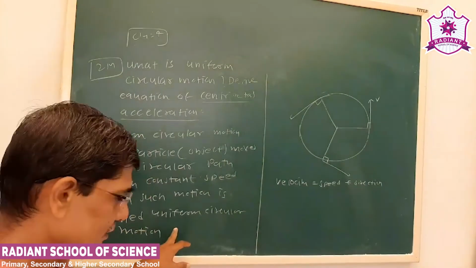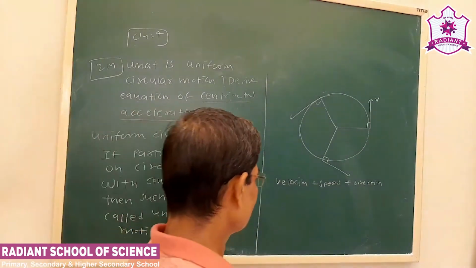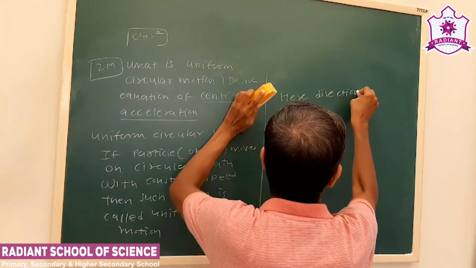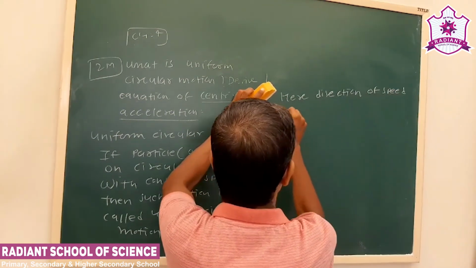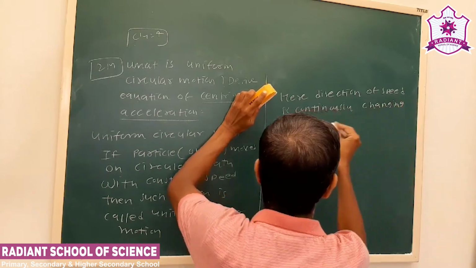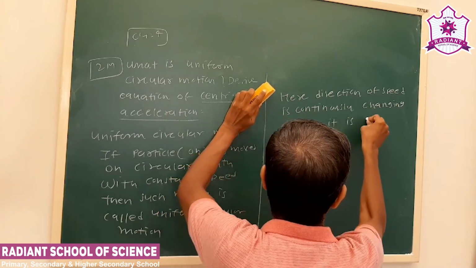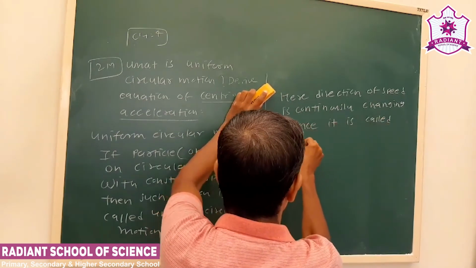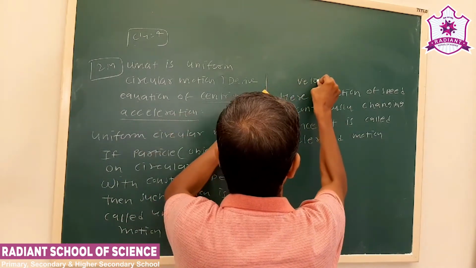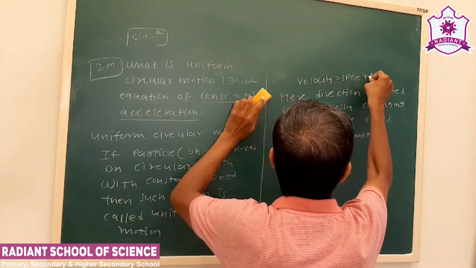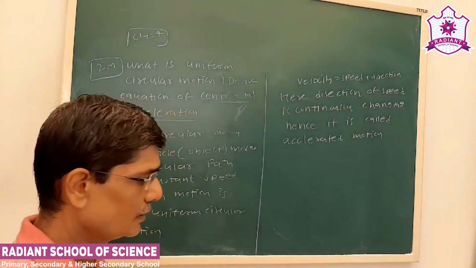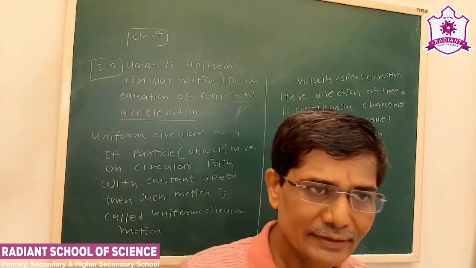So we can write like this: here the direction of velocity is continuously changing, hence it is an accelerated motion. So now we have shown that it is accelerated motion.